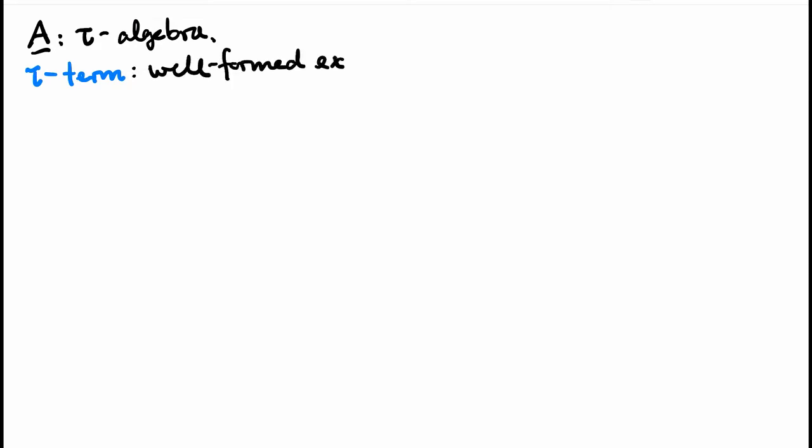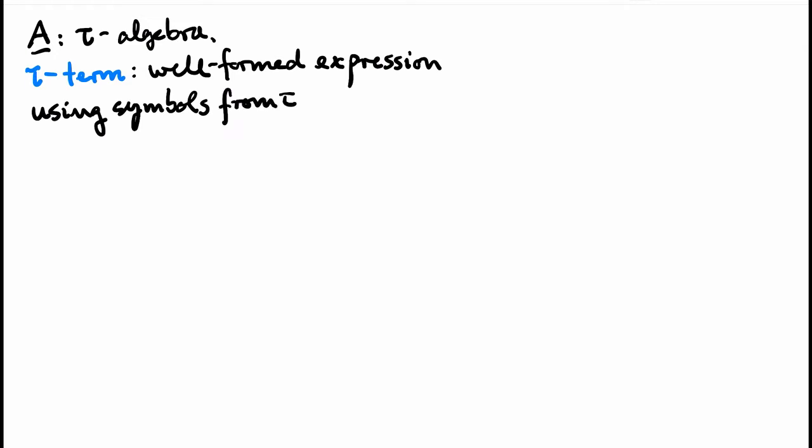I will now explain how algebras arise naturally in this course. But first of all, we will observe that every algebra gives rise to a clone, the clone of all term operations. Let A be an algebra with signature tau. By a term, I mean an expression that is recursively defined by the symbols in tau and by variables in the usual way.